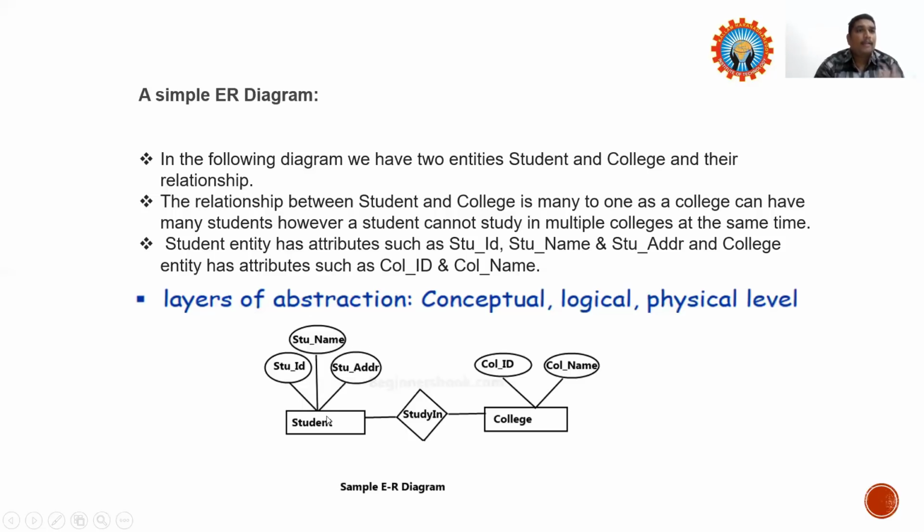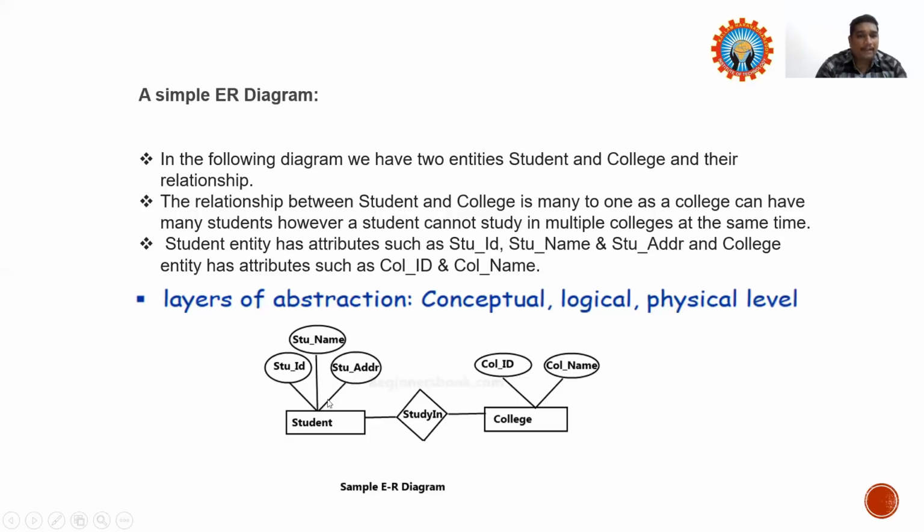We are showing the useful information. The useful information is the student and his properties, not how many students are involved in a particular student entity. That is nothing but abstraction, the conceptual level. How many students are available in this entity, we can't see.